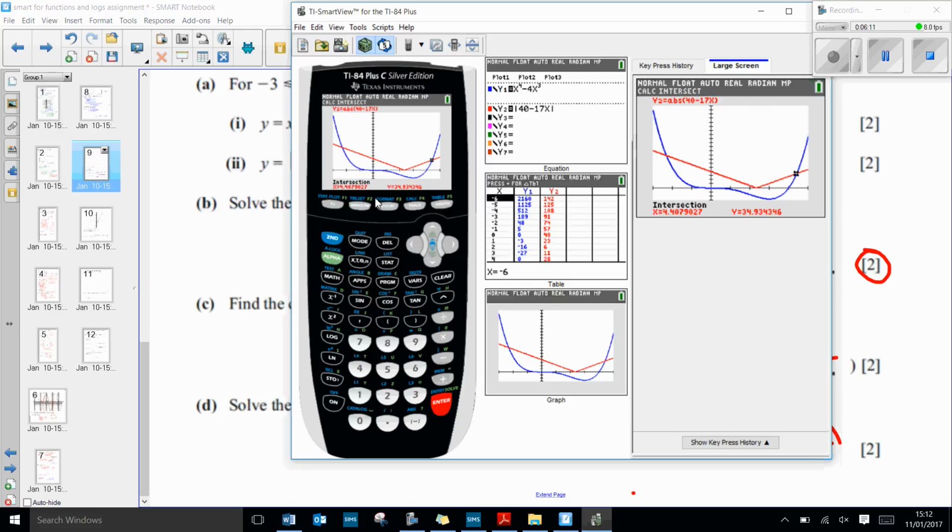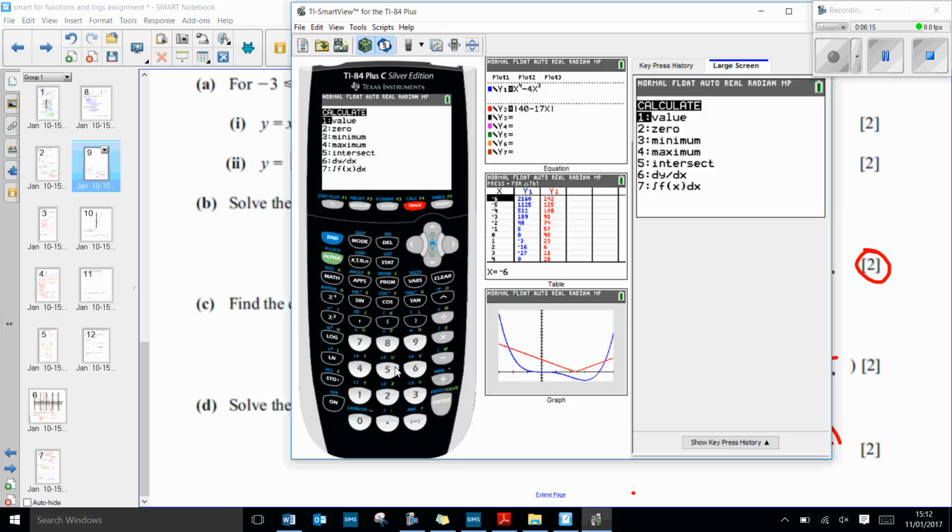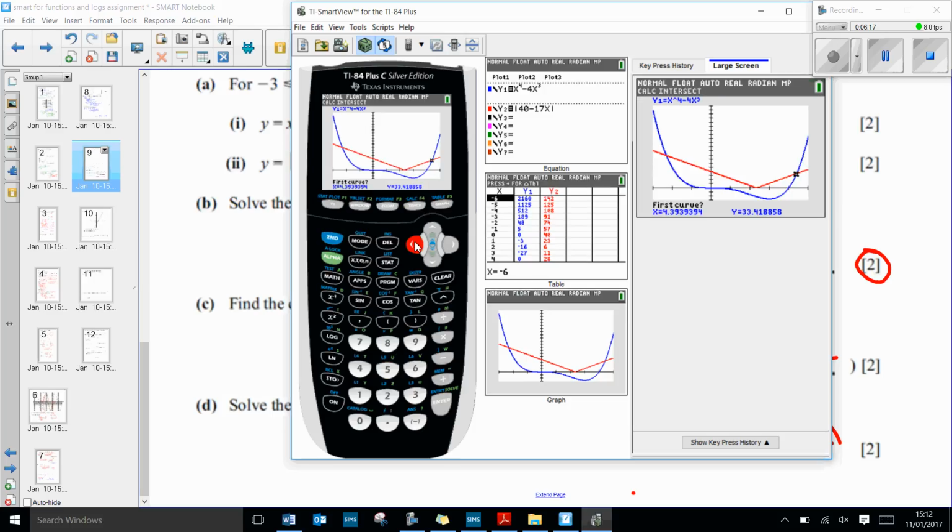And we're going to repeat that. So we need to scoot all the way to the other side. Enter, enter, and negative 2.33.